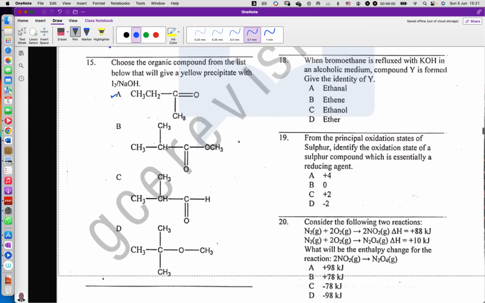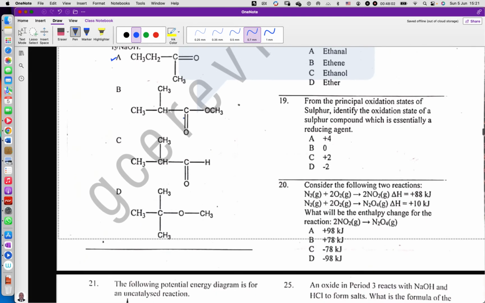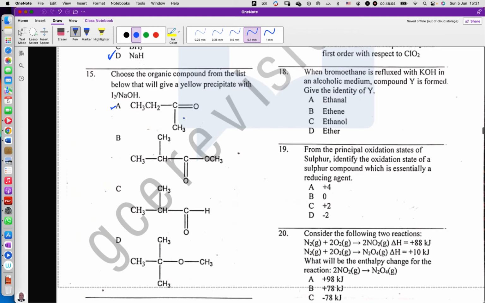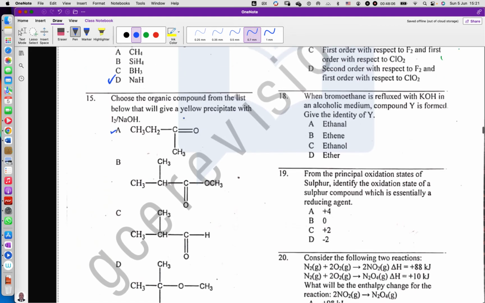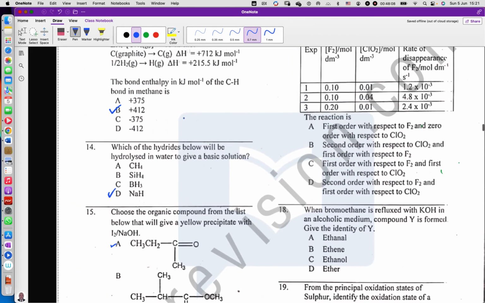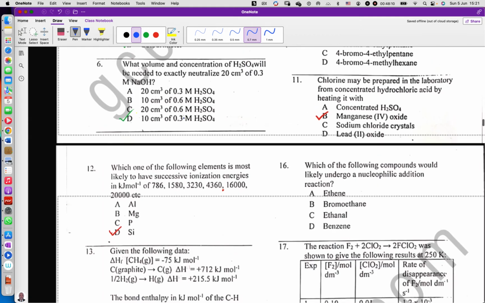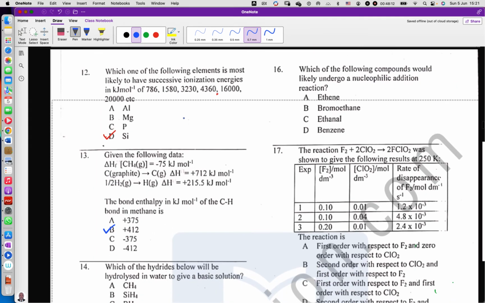So let's go to question number 16. Which of the following compounds will likely undergo a nucleophilic addition? What is a nucleophile?